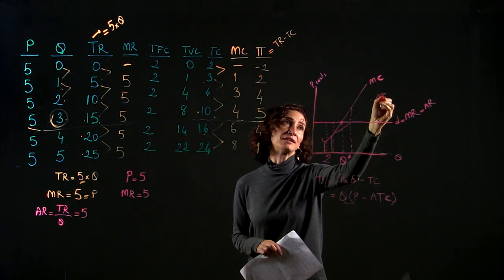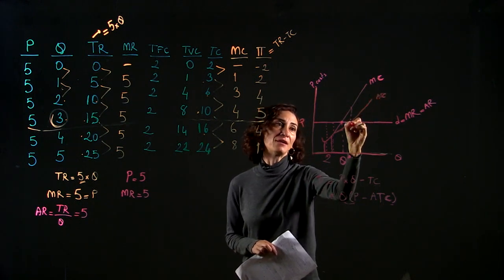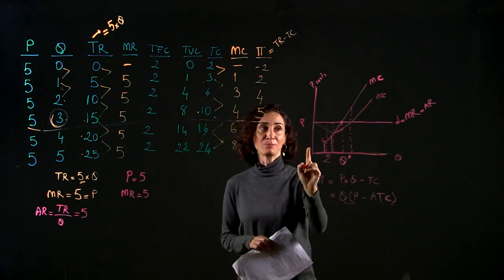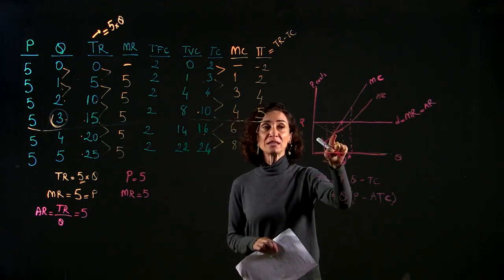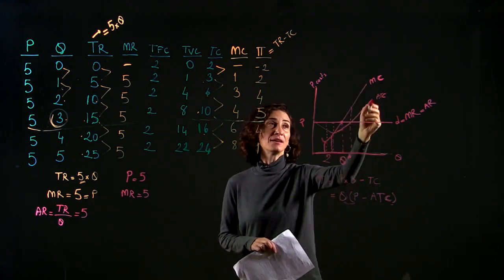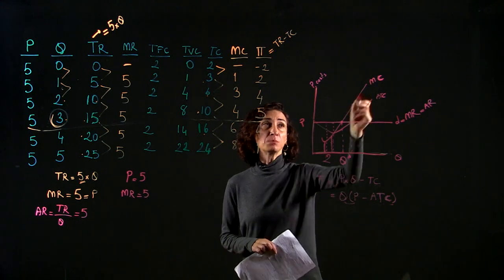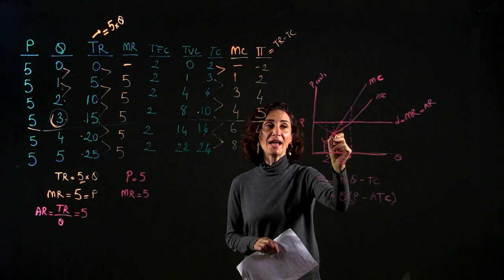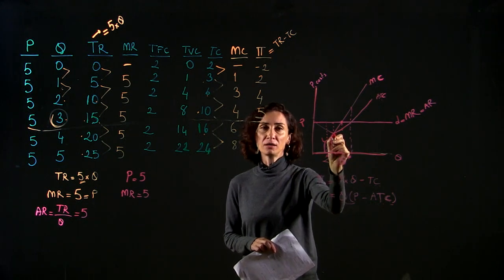So if I know average total cost, I'm making you a nice U-shaped average total cost. It should be U-shaped. And marginal cost should intersect average total cost at its minimum. Why?